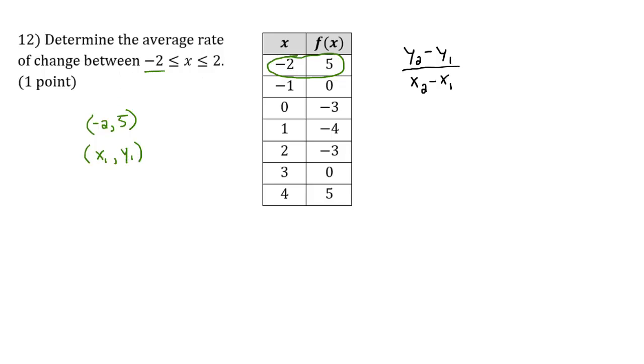And then our other x value is 2, so that's going to be down here, and that's matched up with a y value of -3. So there's my x2, y2, it's going to be (2, -3). Now, does it matter which point you refer to as x1, y1 or x2, y2? No, you'll get the same slope in the end, so it doesn't really matter.